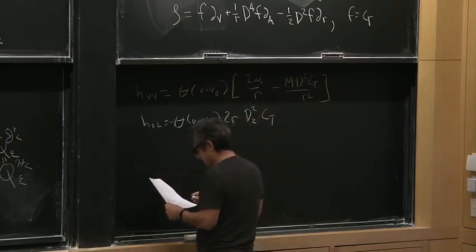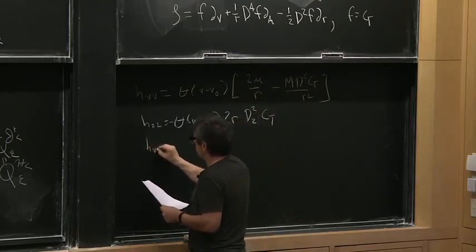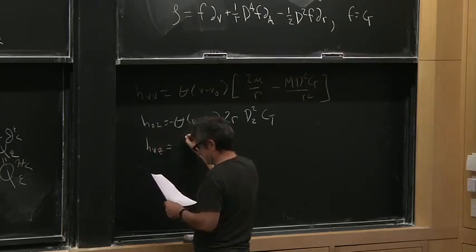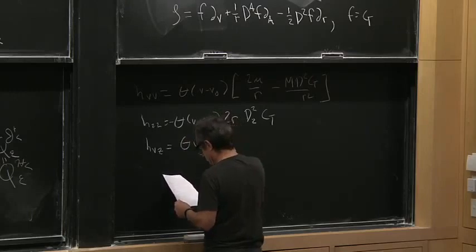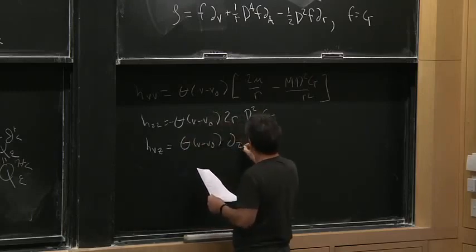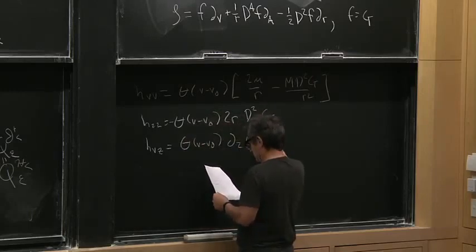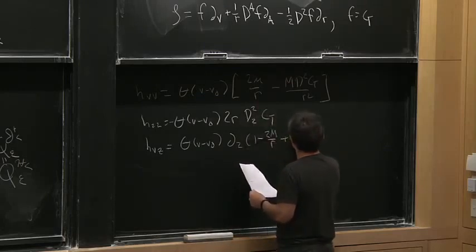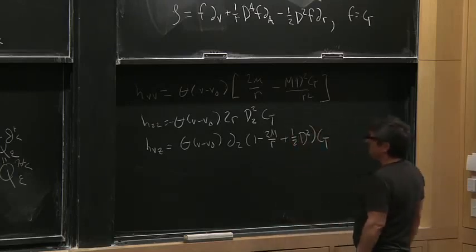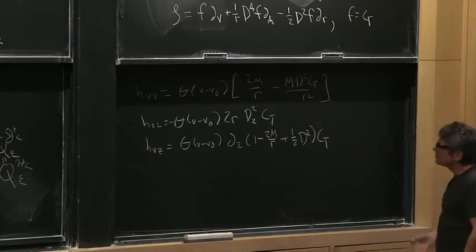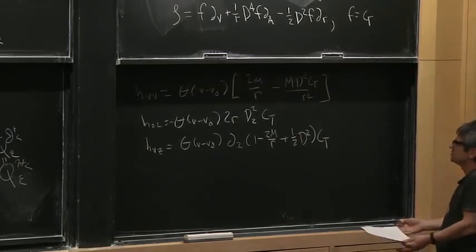So this is all very explicit, and hvz is equal to theta of v minus v0 dz 1 minus 2m over r plus a half d squared ct. So it's obvious that h is 0 before the shock wave, of course.